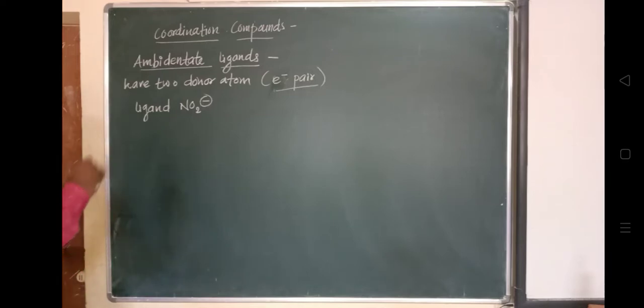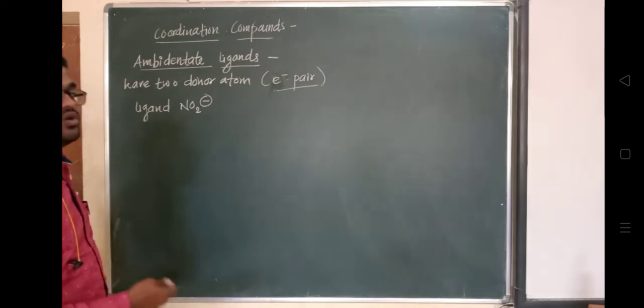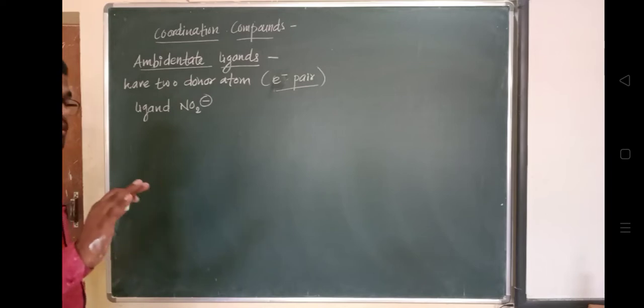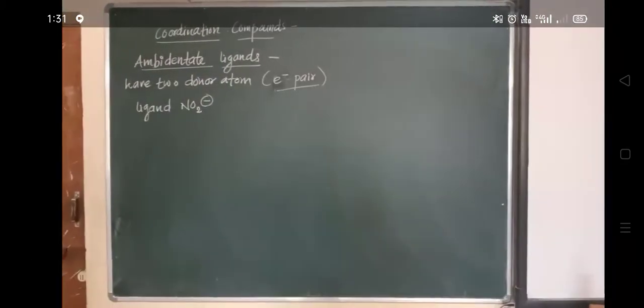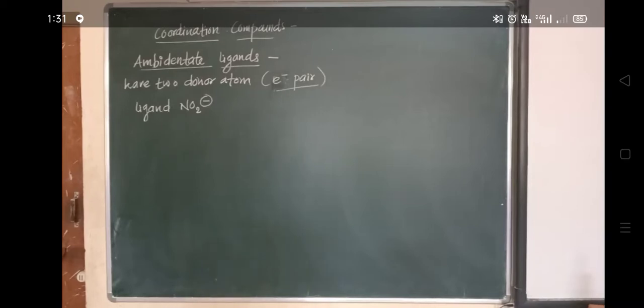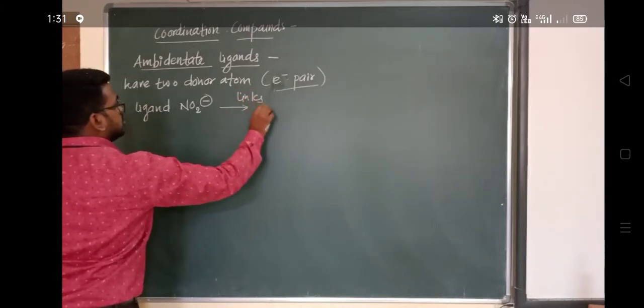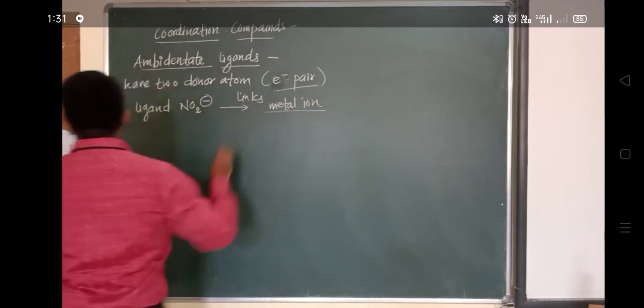A ligand is a surrounding molecule or atom which surrounds a central metal atom. This ligand NO2 minus links to the metal ion through nitrogen or oxygen.